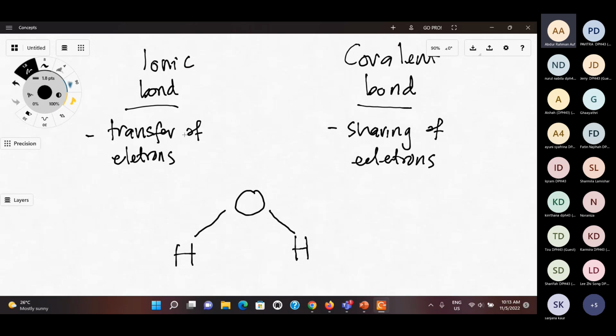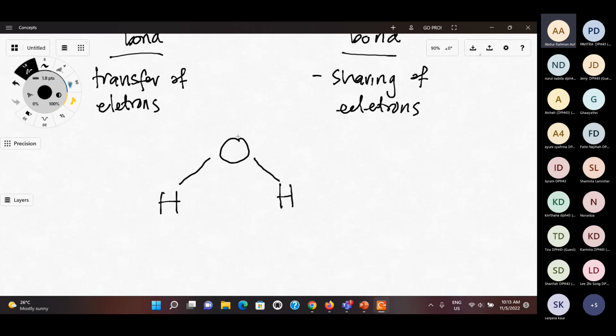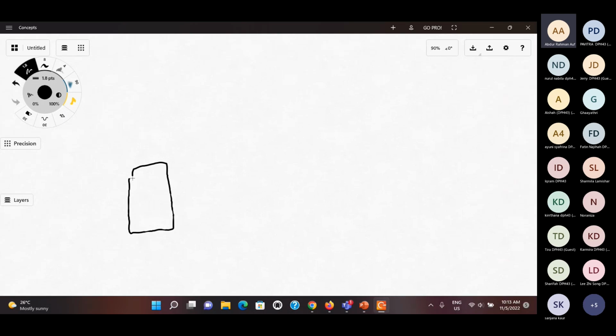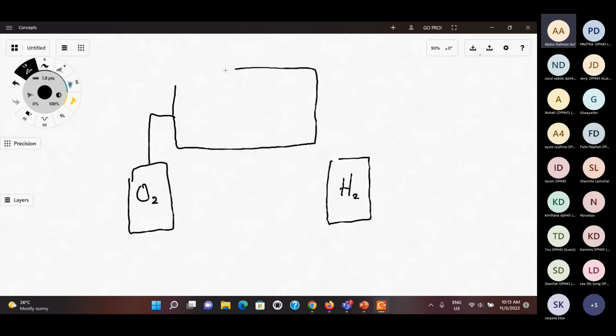So I give you this water molecule here. So why does oxygen here not form a bond with hydrogen? Why does it want to form a bond with hydrogen? Katakanlah kita ada satu, just imagine, katakanlah kamu ada, this is a container of oxygen. You have oxygen gas and you have another container of hydrogen gas. And this container is connected to a bigger container.